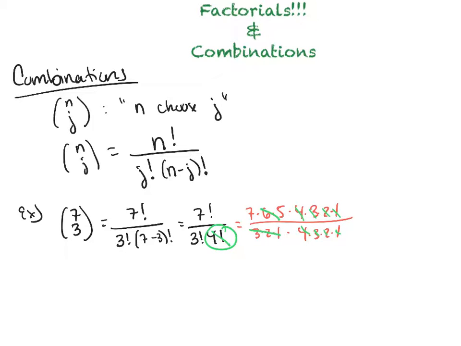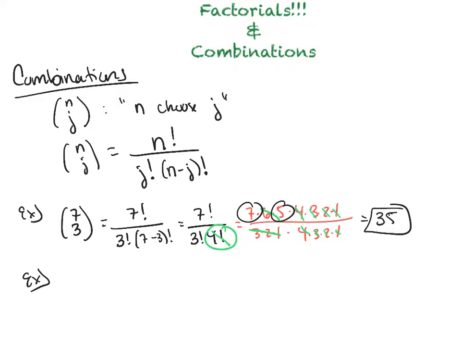All I have left is 7 times 5 over 1. So the answer turns out to be 35. These are really difficult to put into a scientific calculator because the factorials are so large, but there's so much cancellation that the numbers frequently turn out to be rather small.